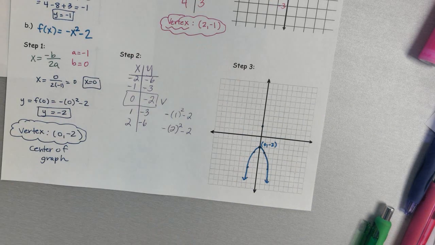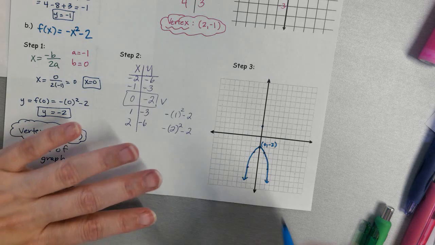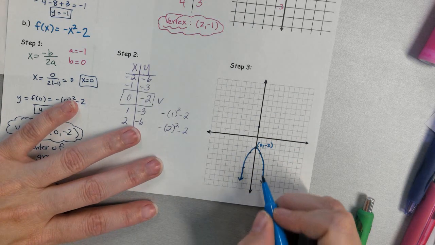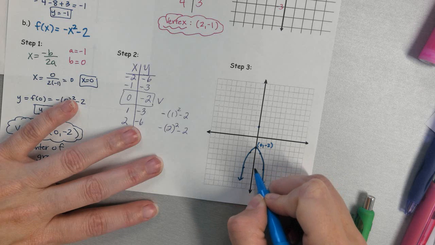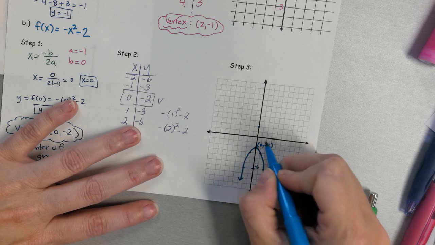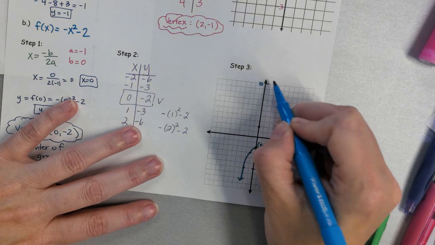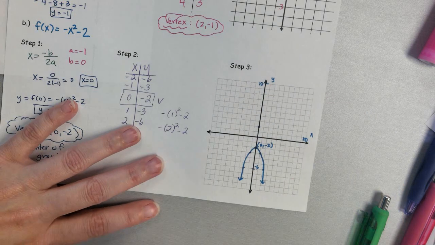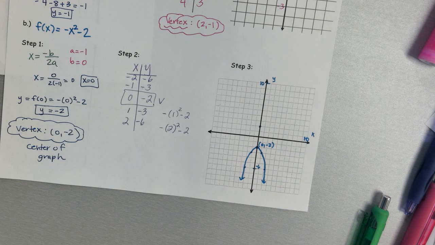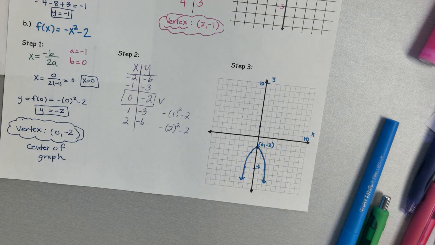Like I said, sometimes I'll label that there, or I at least try to label something that shows my scale. This is 10, here's my Y, here's my X. And again, make sure you have those arrows on it. And then we want a curve. Okay, we don't want like a hard V.